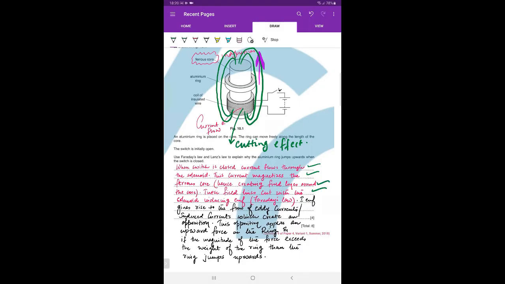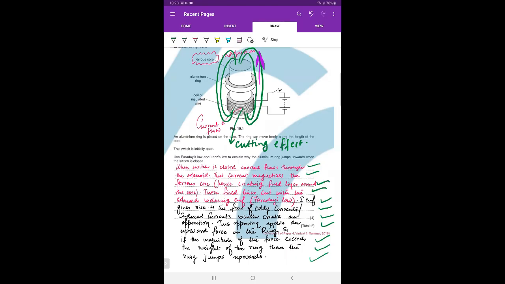उसके बाद the induced EMF gives rise to the flow of induced current, that is eddy currents. Based on Lenz's law, eddy currents will flow in a manner so as to create an opposition. This opposition will apply an upward force on the ring, and if the magnitude of this opposing force exceeds the weight of the ring, then we can expect the ring to be lifted up from its initial position.